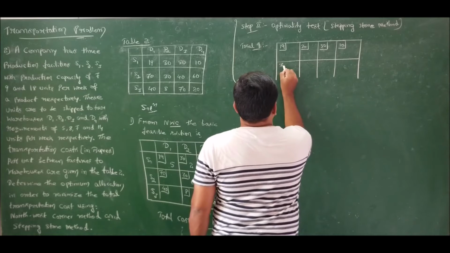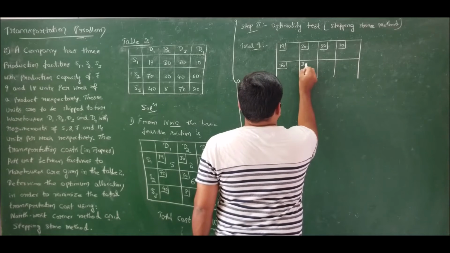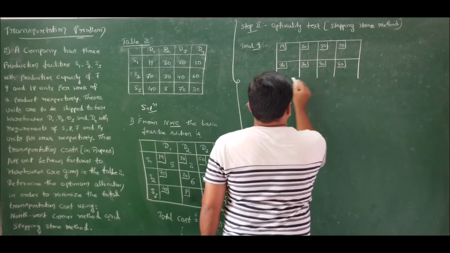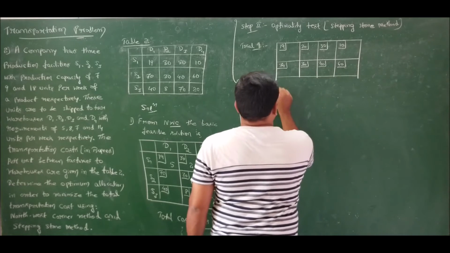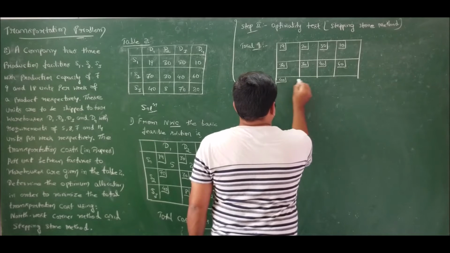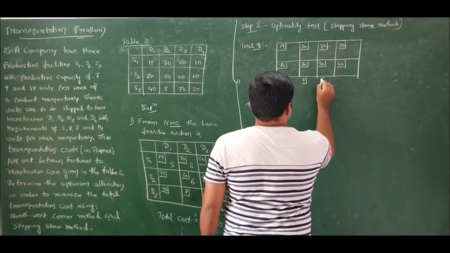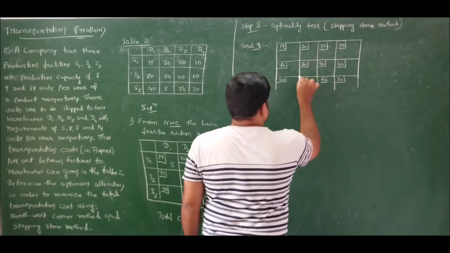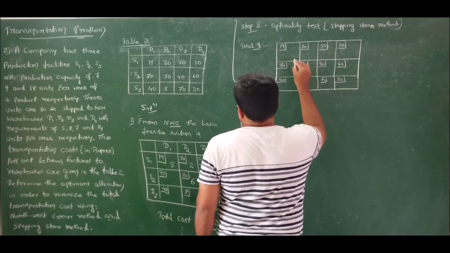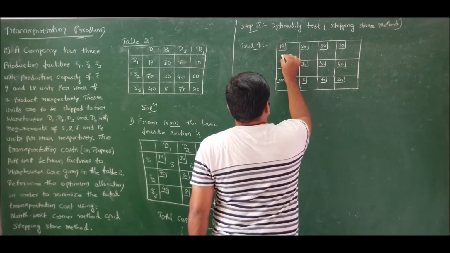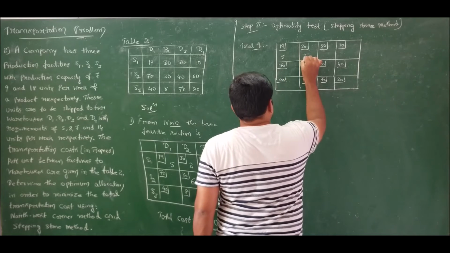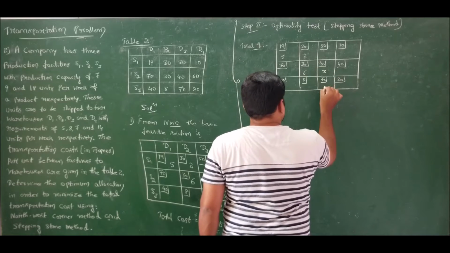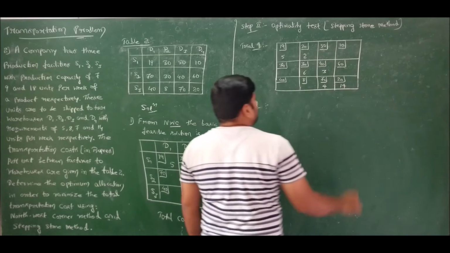Here we have 70, 30, 40 and 60, and finally we have 40, 8, 70 and 20, correct? And we have the allocations as here we have 5 units, 2 units, 6, 3, 4 and 14.